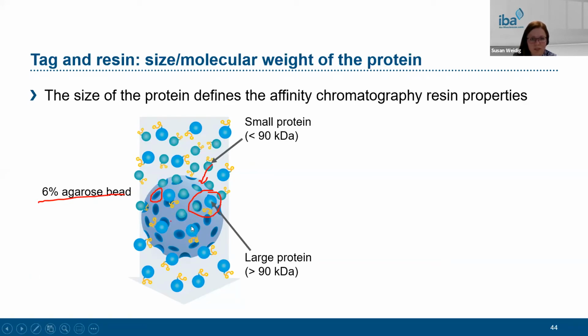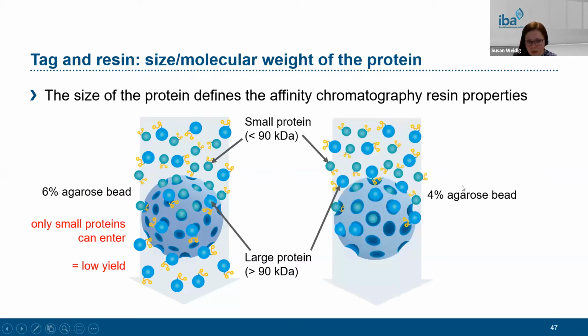So that means you will have a normal yield with small proteins, but if you have a large protein, a 6% agarose will lead to a lower yield. To prevent this, I would recommend to use a 4% agarose, because this 4% agarose has larger pores.